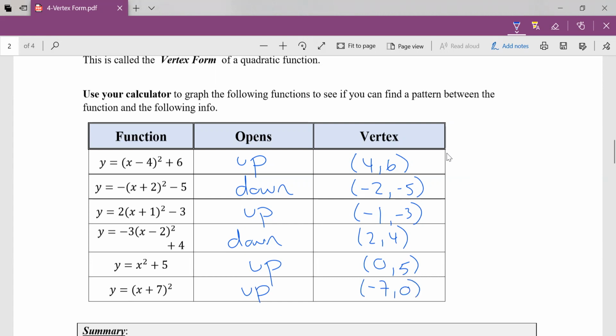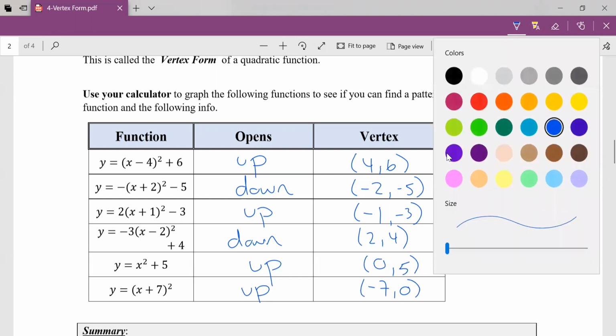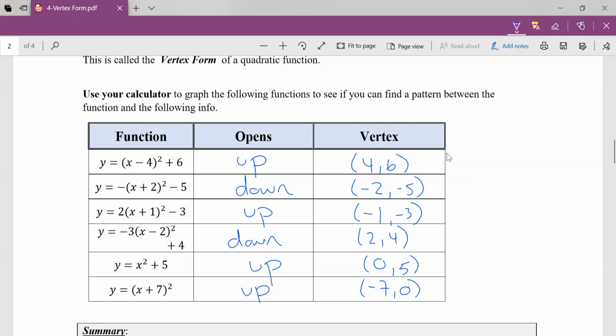Okay, how'd you do? How did I know all those answers? Well, one reason is because I've been doing this since before you were alive, because I'm super old. The second reason is I know how vertex form works. And the nice thing is it's really easy. What I think you should be noticing as a pattern, I see x minus 4 plus 4, x plus 2 minus 2, x plus 1 minus 1.